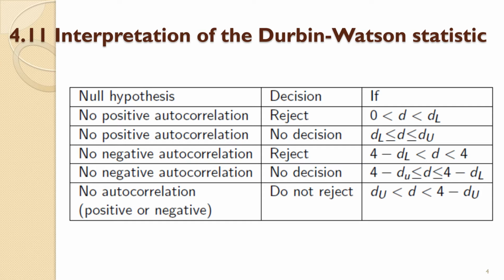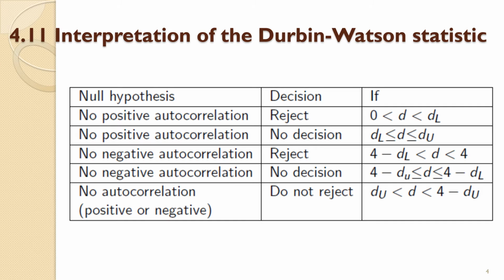Historically, the Durbin-Watson statistic and test relied on quite complex statistics tables. I think it's much easier to run the test in R, and if you run the test in R, you don't have to worry about statistics tables like this.